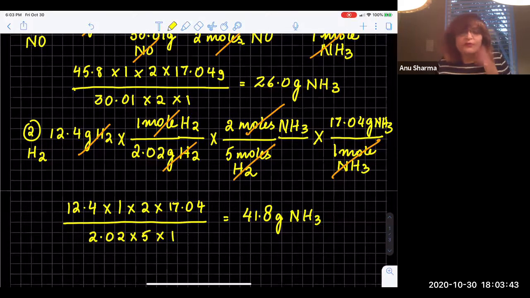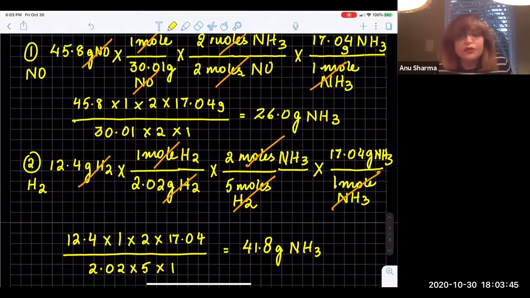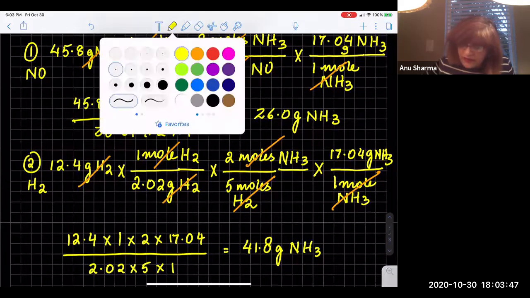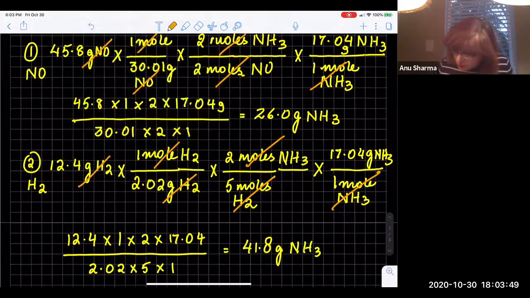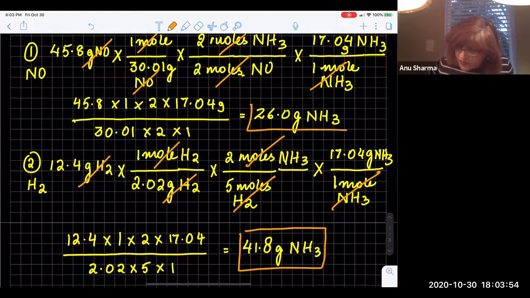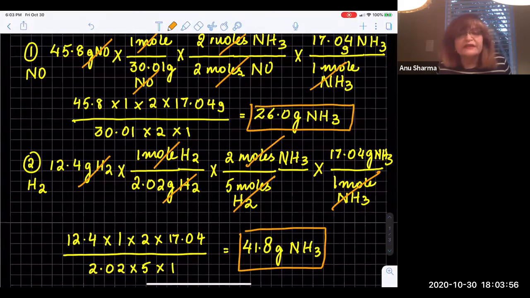So now comes the question, which one is giving you less? 41.8 grams is less, or 26.0 grams is less? So you are obtaining the lesser amount from the nitric oxide.